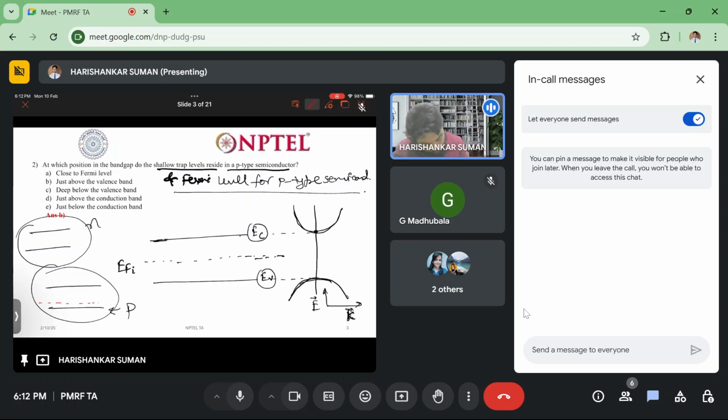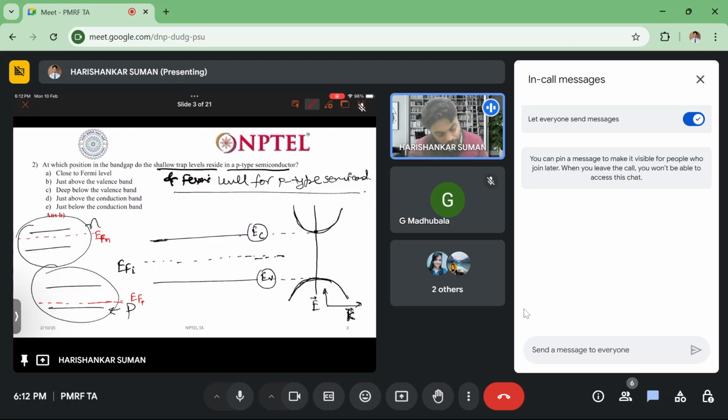Closer to the valence band. This is the Fermi level for p type, and this is the Fermi level for n type. Yes, clear?